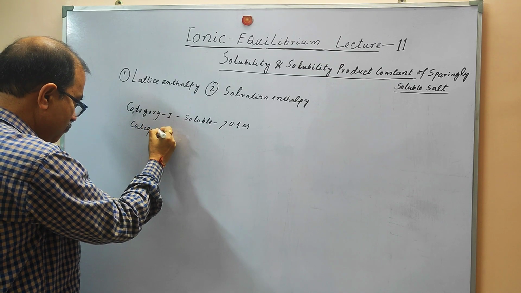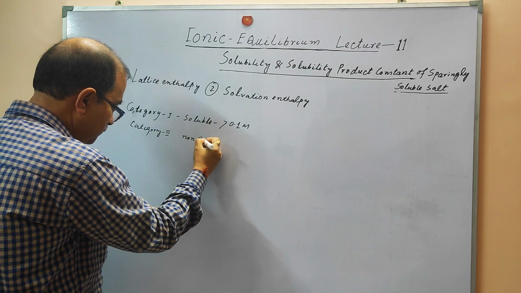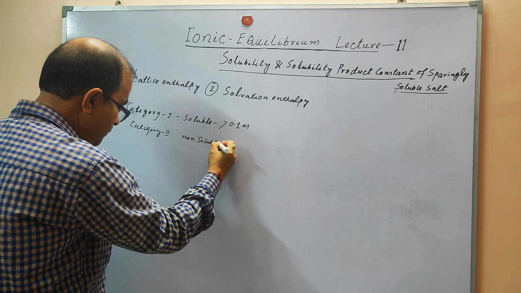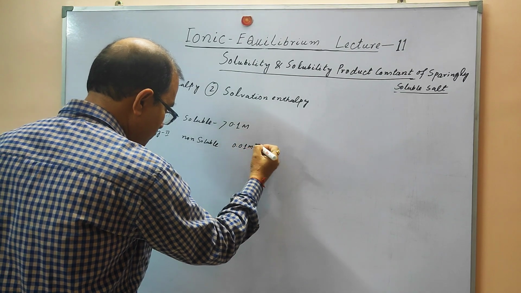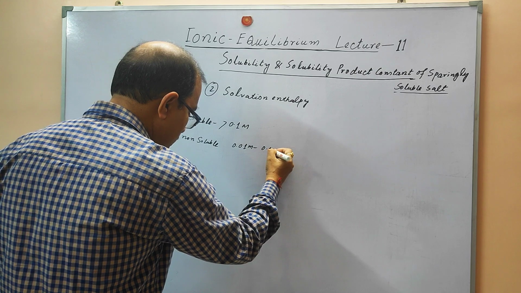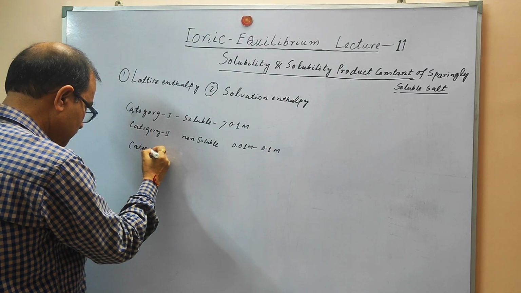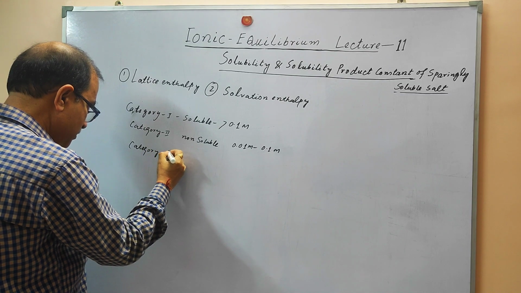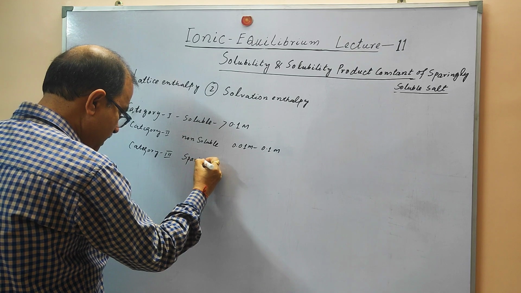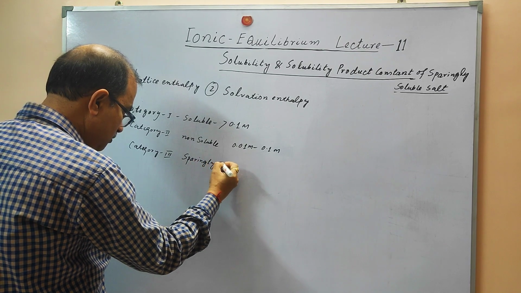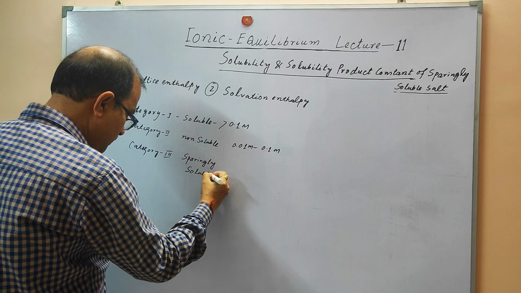Then category 2 is the slightly soluble, when its solubility ranges from 0.01 mole to 0.1 mole. And category 3 is the sparingly soluble salt.